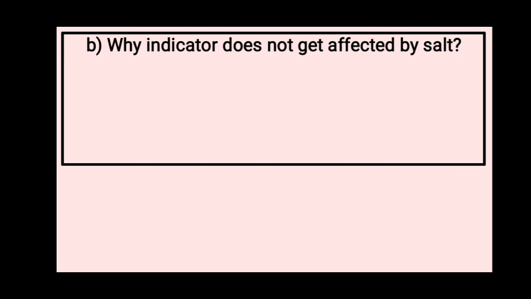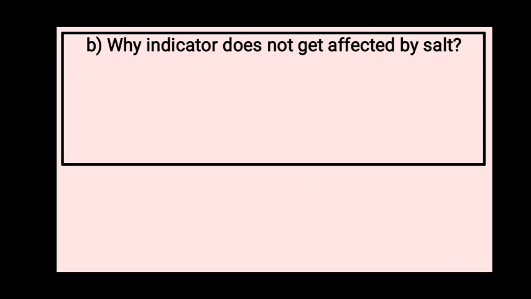Second one, why indicator does not get affected by salt? Now, we had already studied indicators are those substances which when added in acids or bases, they change the color accordingly. But indicators do not affect any neutral substance. Now we know that salt is a neutral substance, water is also a neutral substance.